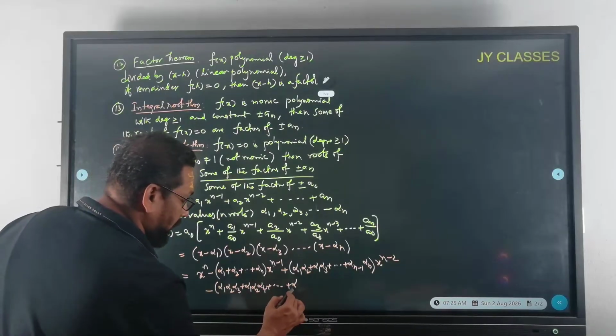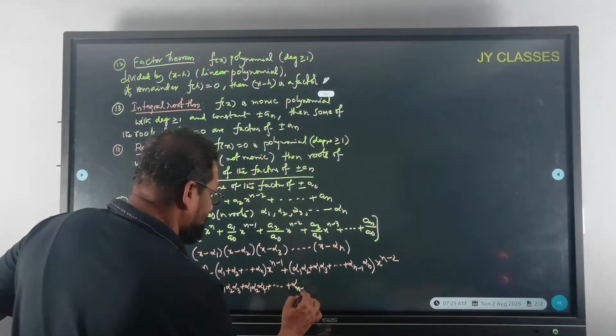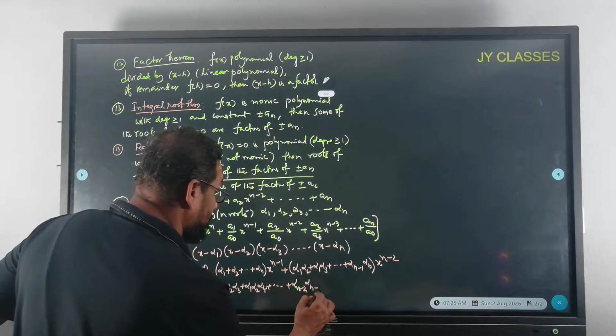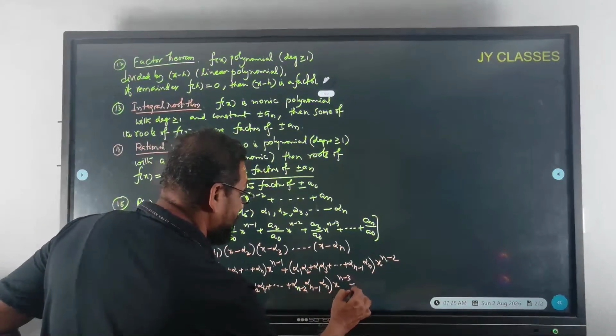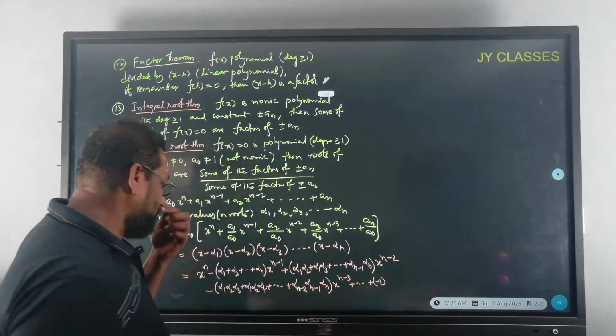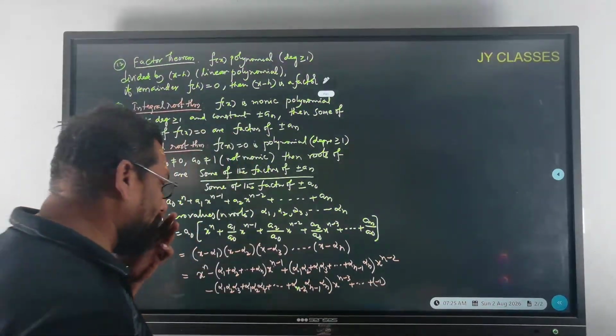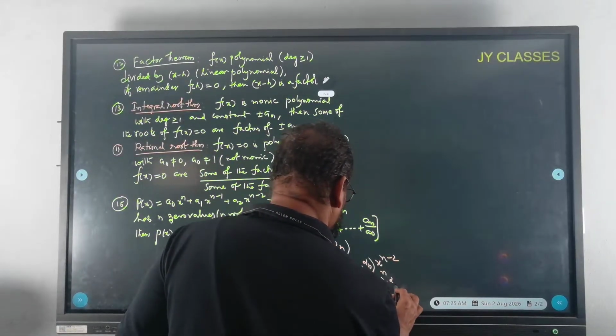The last one be alpha n minus 2 alpha n minus 1 alpha n into x power n minus 3, and so on plus minus 1 power n into alpha 1 alpha 2 so on alpha n.